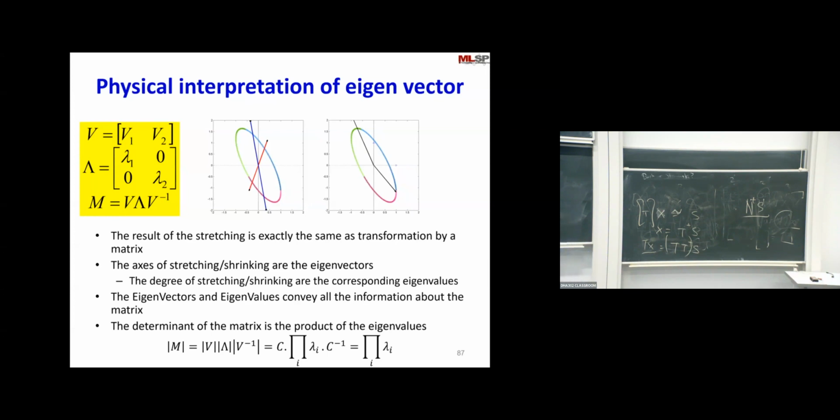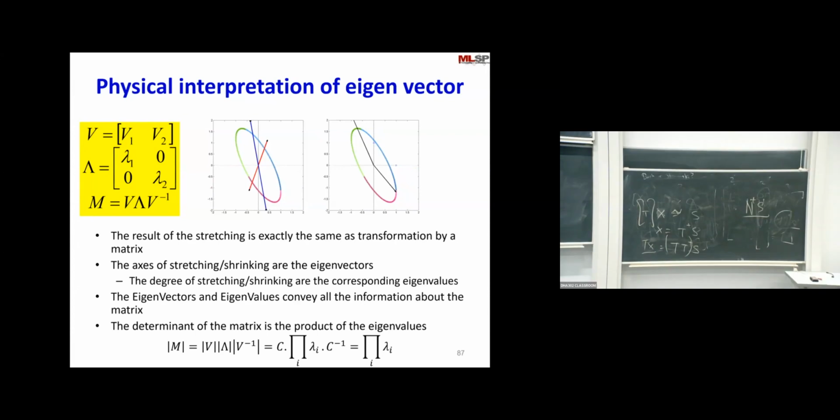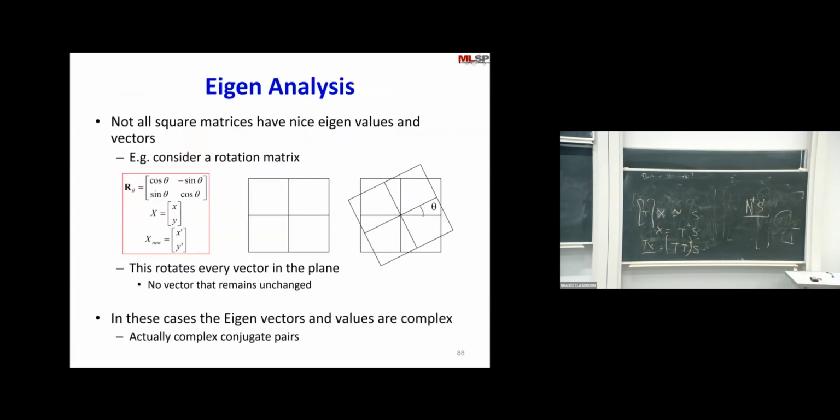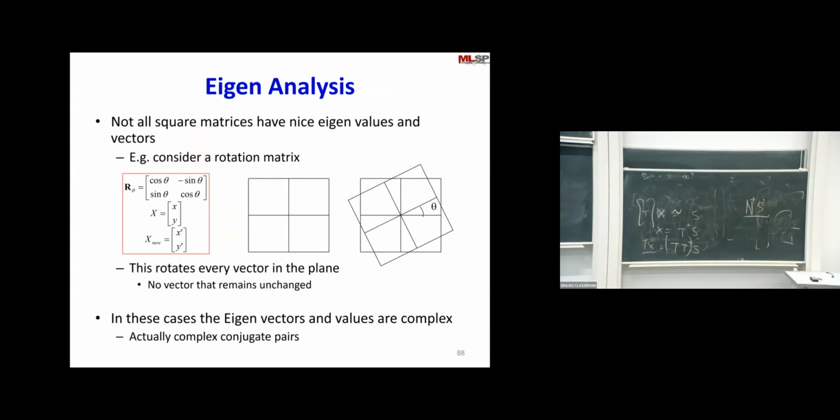Which means that the product of the eigenvalues is the determinant of the transform. Because that's how I'm stretching it, correct? And so that's one thing you have to think about. And when I rotate a matrix, there's no direction which is fixed. Everything rotates, right? So in that case, you don't have real directions there. The eigenvectors and eigenvalues are complex.